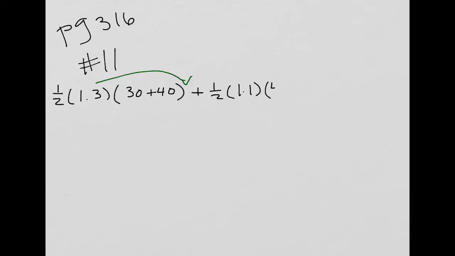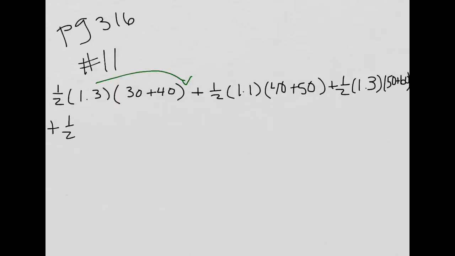And I'm going to use the 40 plus the 50. So then I go from 4.2 to 5.5. So that's a change of 1.3. I'm going to use the 50 to the 60. Sorry about that.